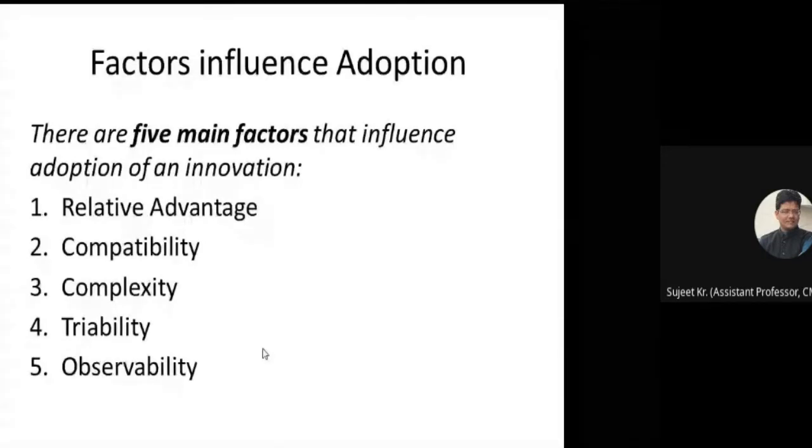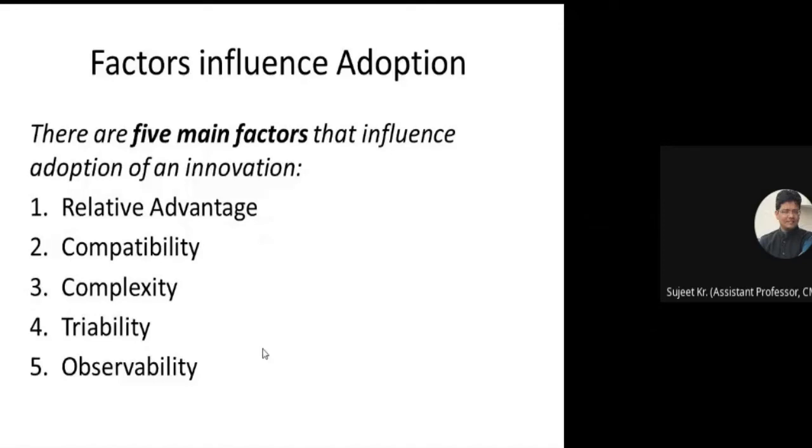You must show them that in the last 3-4 months, this many people were ill in their society, and now this many people are ill. So this observability will help them to further accept or reject the idea. So these are the factors which influence adoption, right?